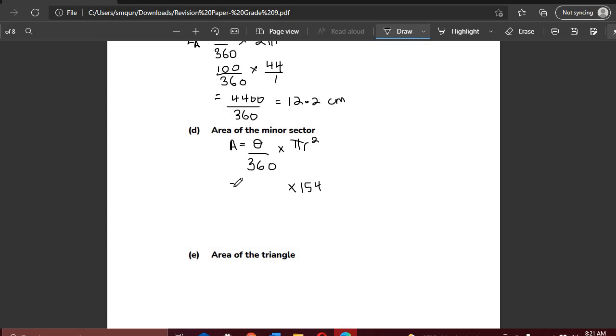So we said that that was 100 degrees over 360. Okay, so I'm going to put this over 1. I'm going to multiply my numerators and denominators. So this would be 15,400 over 360.